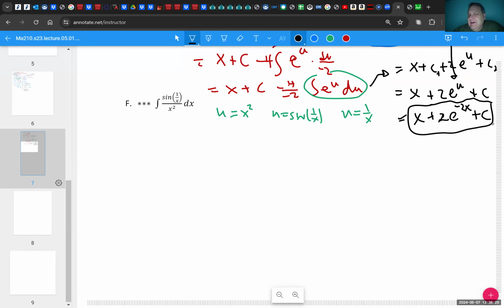So that's not so cool. If I think of u equal to x squared and I differentiate, I get 2x, which is promising because there are x's in there. If I differentiate 1 over x, I get 1 over x squared, and there is an x squared in this problem. So of these three, maybe the first and the last are more reasonable because the middle one ends up getting a cosine when we differentiate it, and I don't see any cosines. As it turns out, this last one is the one that works out.